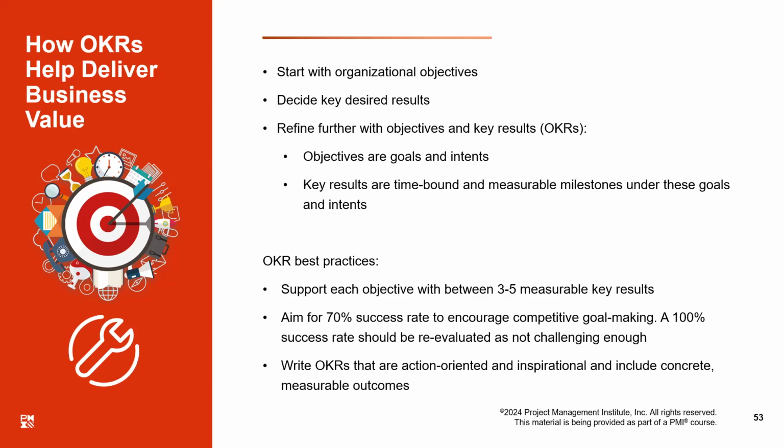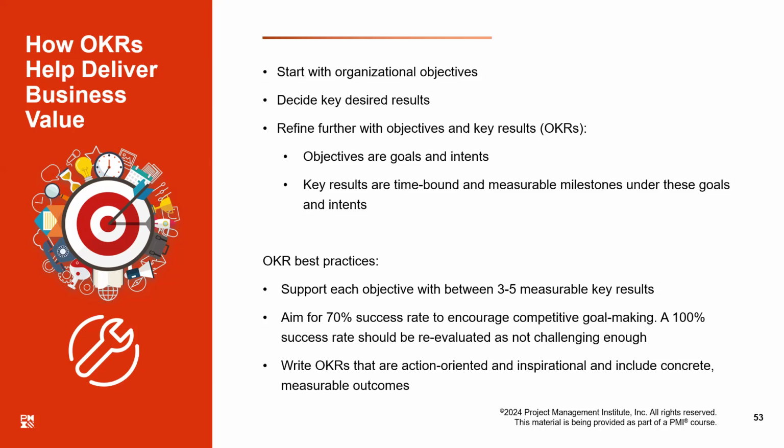If there are so many, then you will never be able to achieve your objective because you have put in a lot of key results in it. So 3 to 5 is a very good figure. This is achievable. This is doable. So break every objective into 3 to 5 measurable key results.